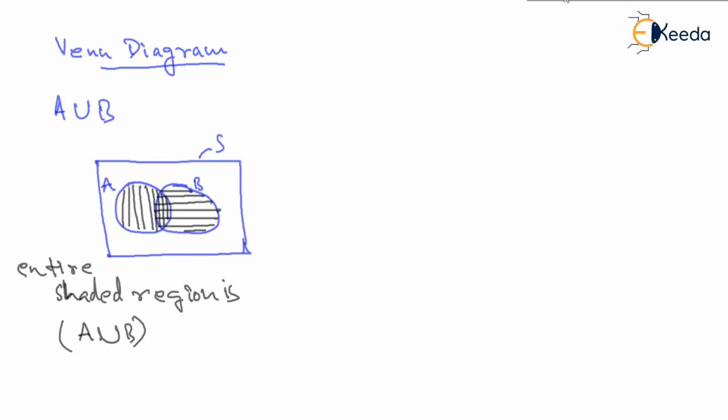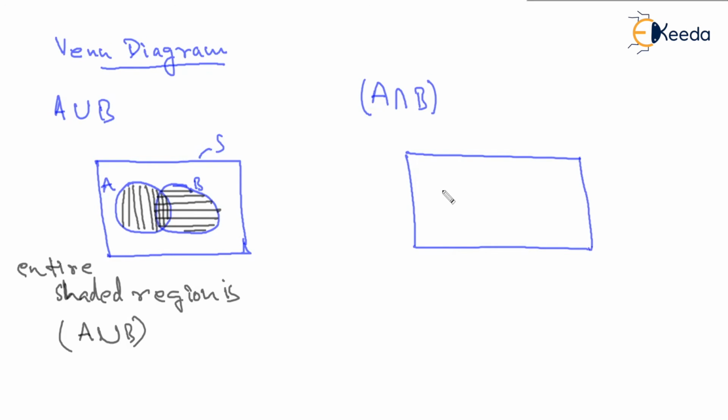Whereas in case of intersection, we'll look for what is in both A and B. So let's see. Let's say this is A, B, and this entire is the sample space.